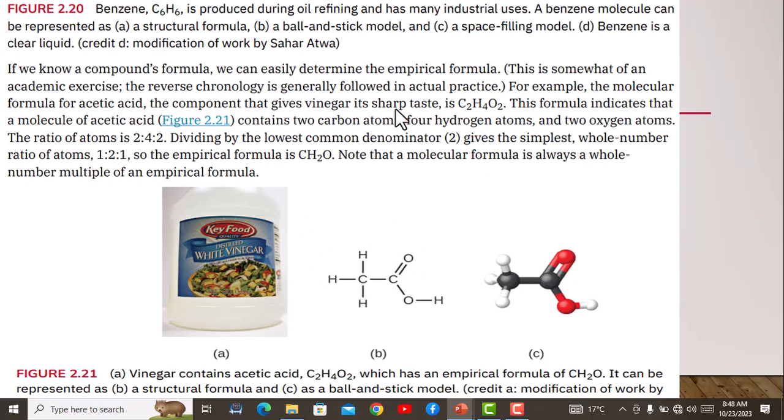So we have vinegar, C2H4O2, and if we were to write the empirical formula, you divide it by a number that goes into all of them without leaving a remainder, which is 2, and you will end up with CH2O. So this is just something very important that I wanted us to note and understand. And when we have done that, guys, I will see you in the next tutorial.